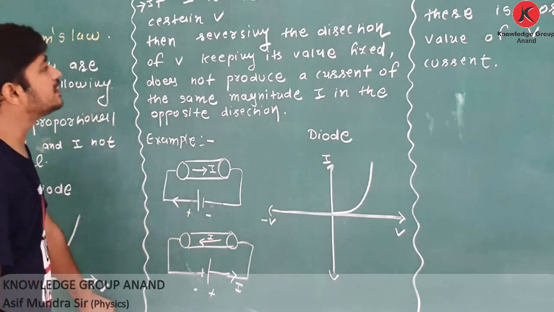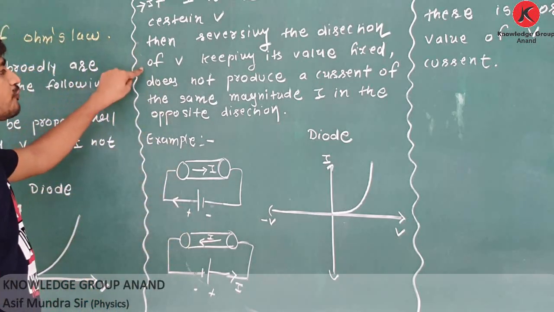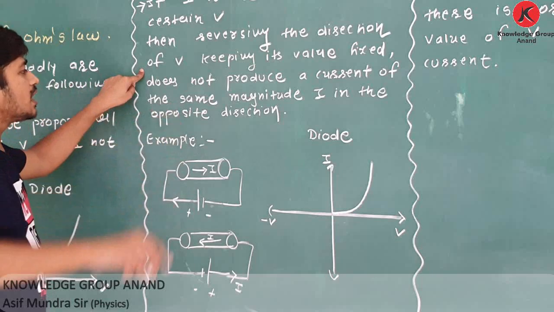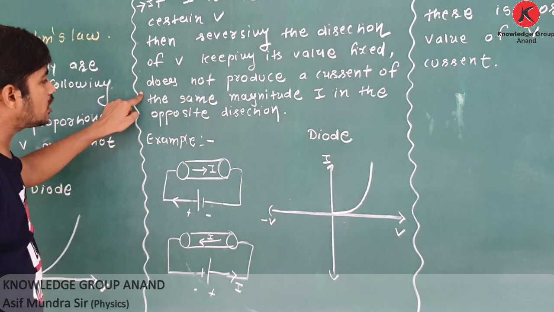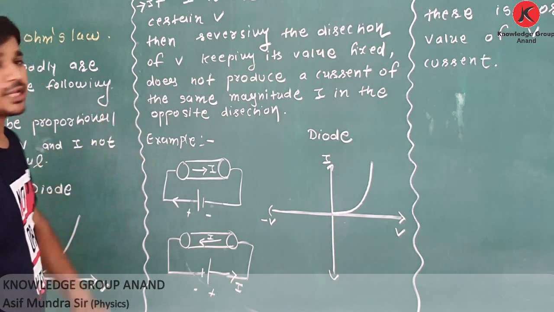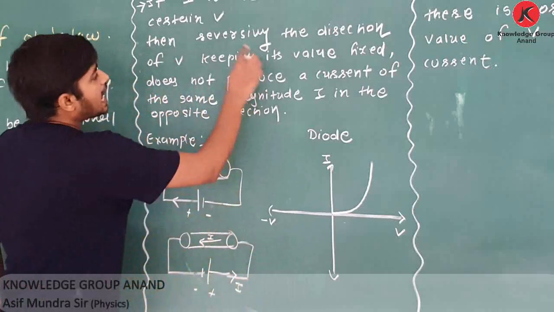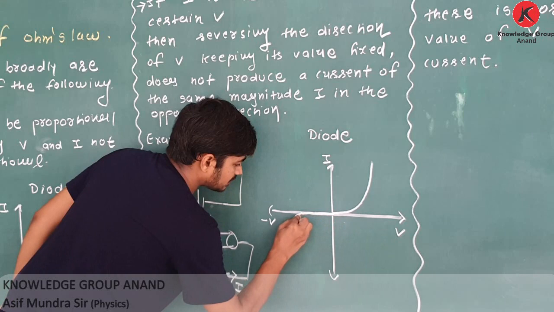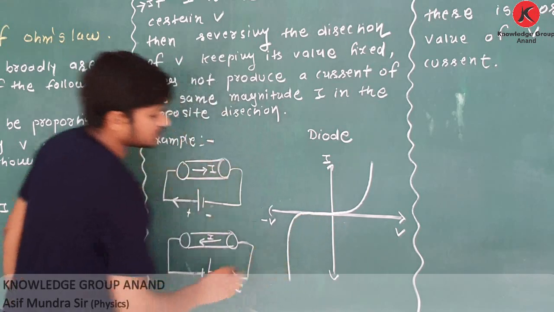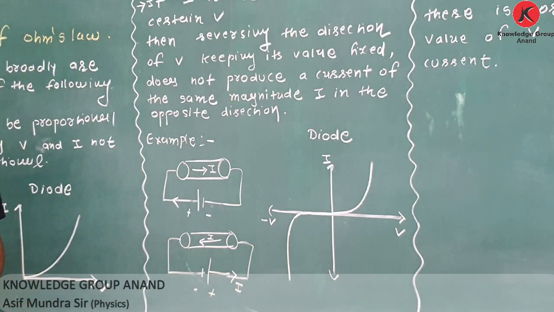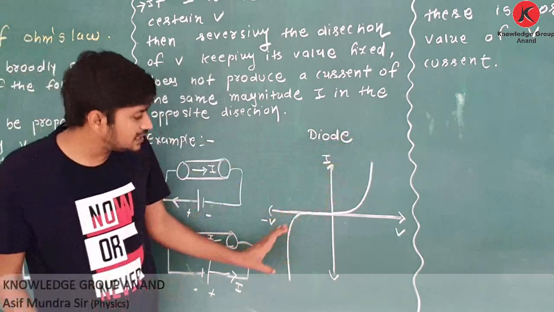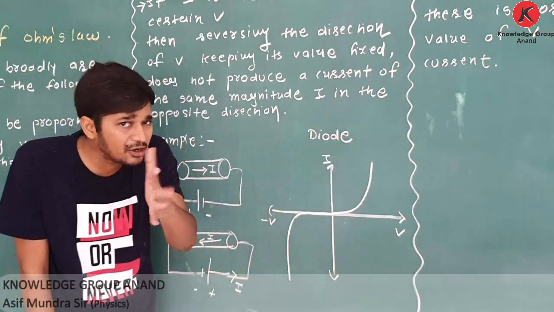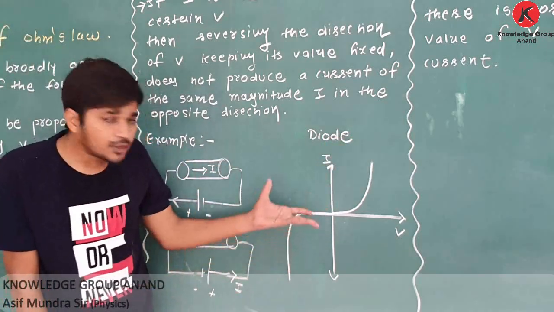Now if I reverse the direction of V, keeping its value fixed, it does not produce a current of the same magnitude in the opposite direction. V becomes negative, so its value does not become the same, and the graph is like this. So this relation and this relation are not the same.